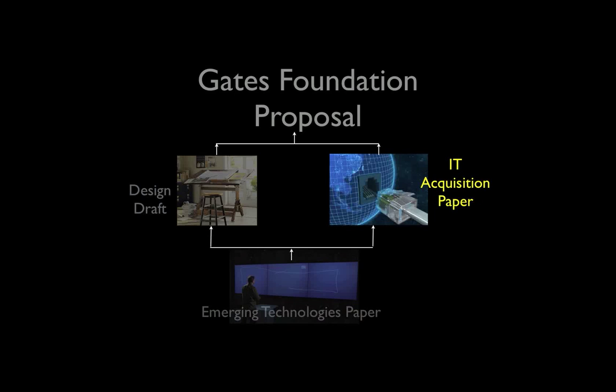Then the IT acquisition paper is going to be supporting that particular design draft that we both settle on. It's a 5-page maximum paper. You're going to use a template that's provided within our seminar. It's under course resources. You're going to describe the learner-centric design just briefly.